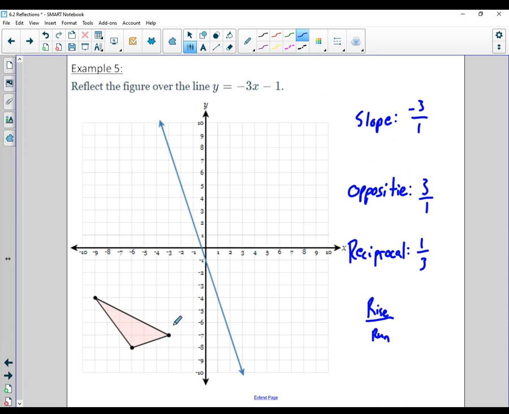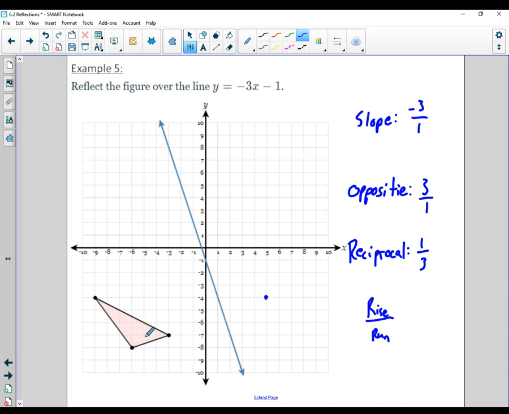So rise 1, run 3. Up 1, and then we're kind of halfway. Up 1 over 3 again, and that should be the slope there.